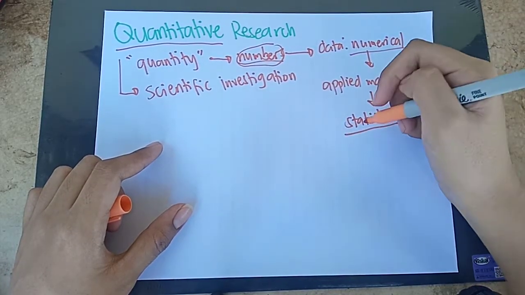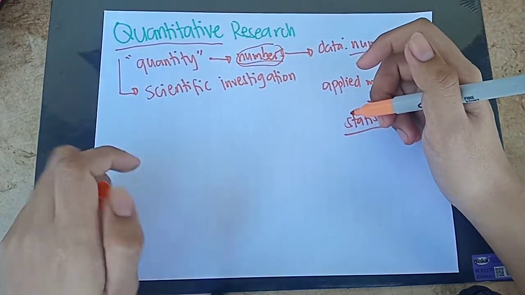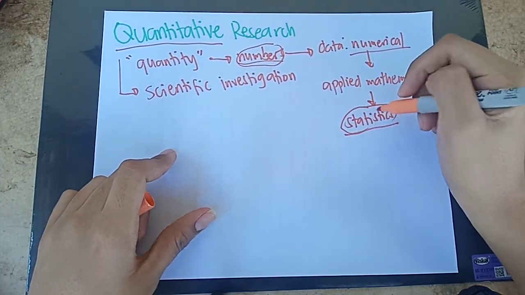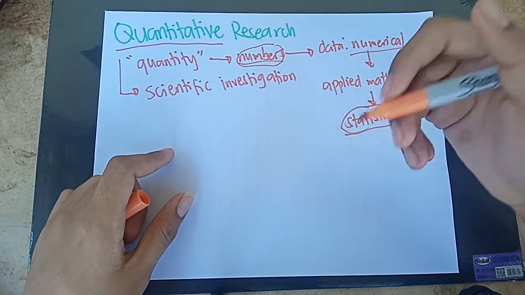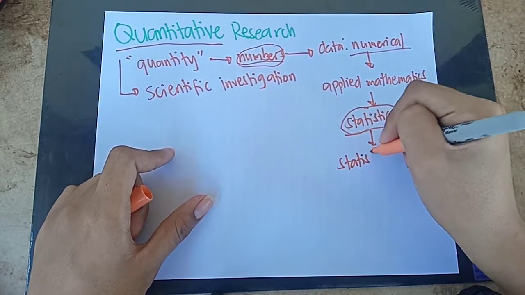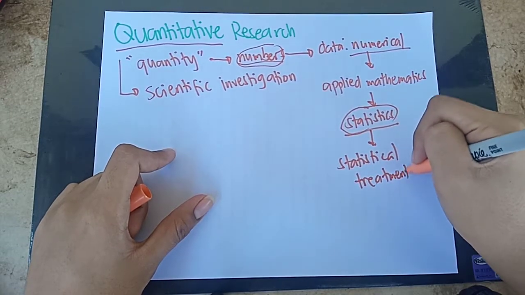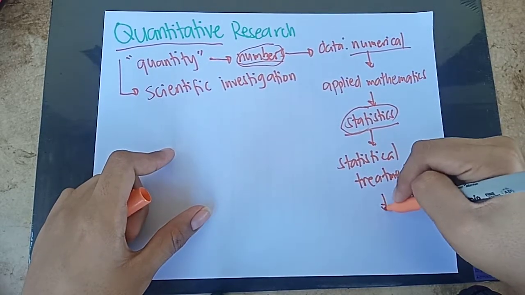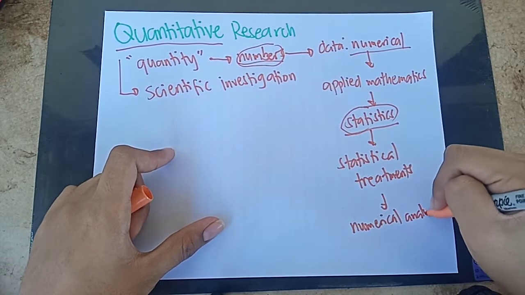Statistics will be discussed in your grade 9 research and grade 10 researches. So, statistics are used in quantitative research. Quantitative research uses statistical treatments, and these statistical treatments are used to perform numerical analysis of data.